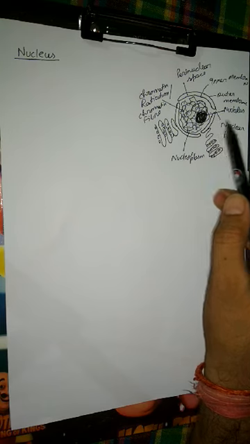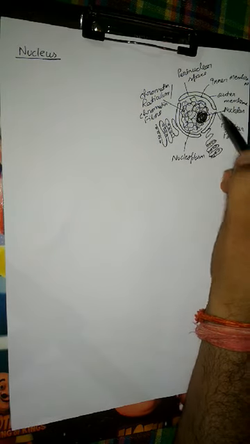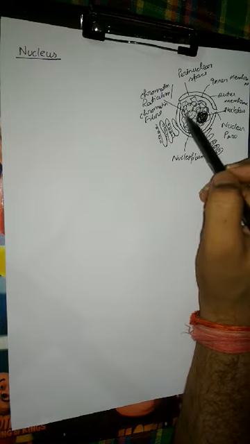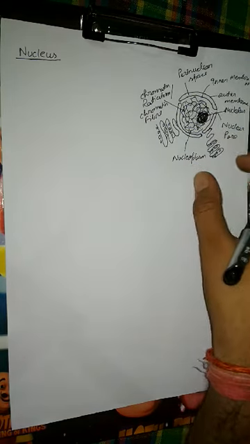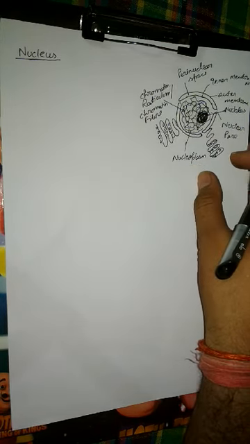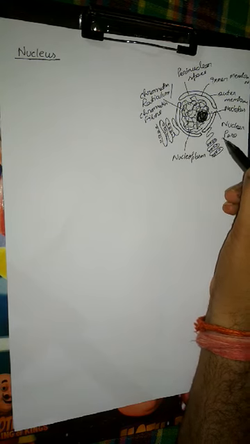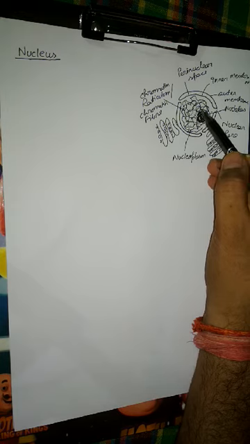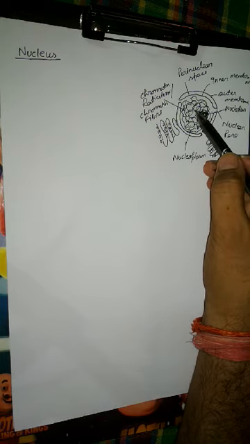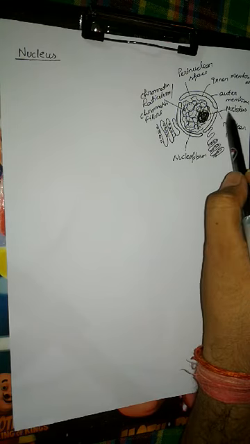Clear? Then what is the function of the nucleolus? First I will discuss the function of the nucleus. The function of the nucleus is that it contains the hereditary information, or the genetic material, and that hereditary information is present mainly in the form of DNA. But specifically, what is the function of the nucleolus?